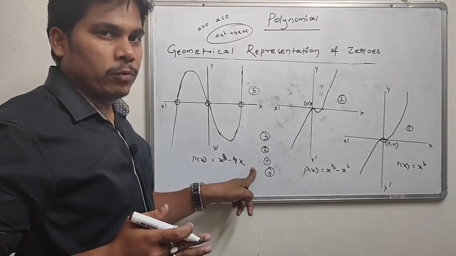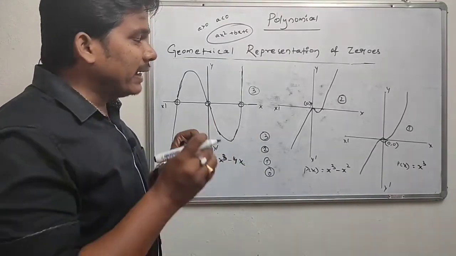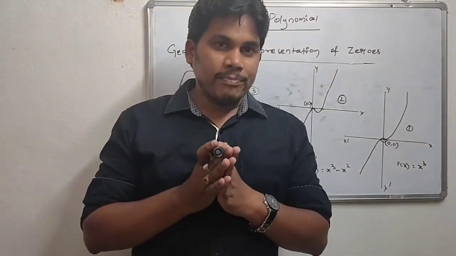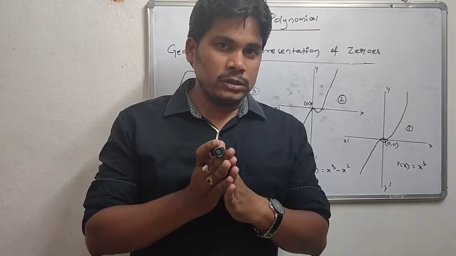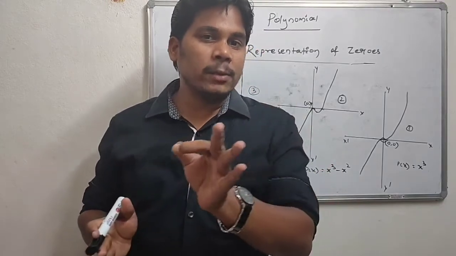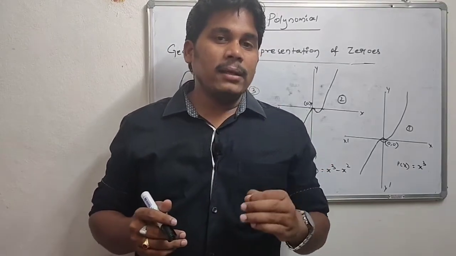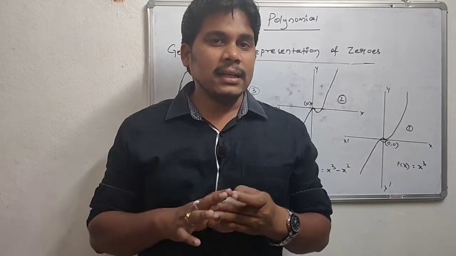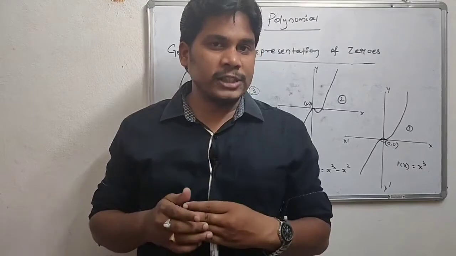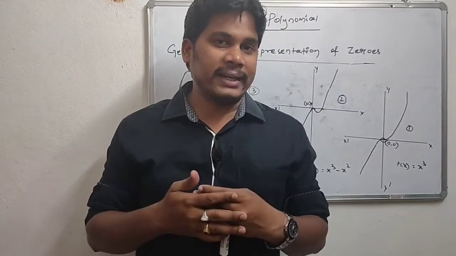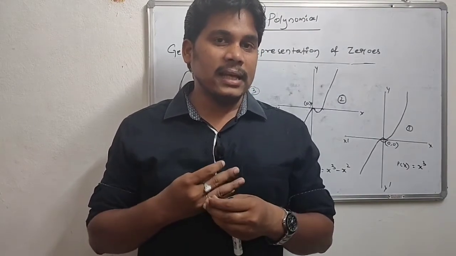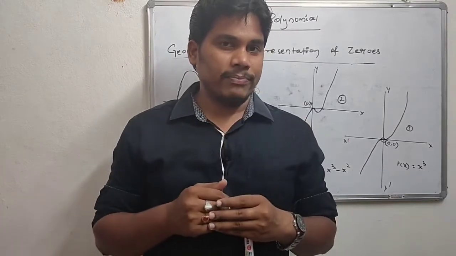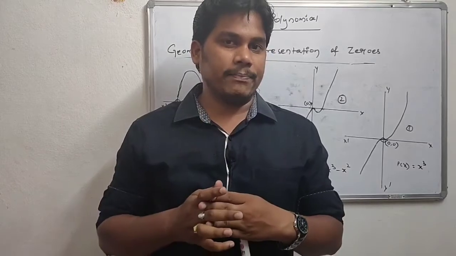Now we can understand, for any polynomial, the maximum number of zeros is equal to the degree of the polynomial, and the minimum number of zeros is 0. And hence, at most, the number of zeros we can get for a polynomial is equal to its degree.